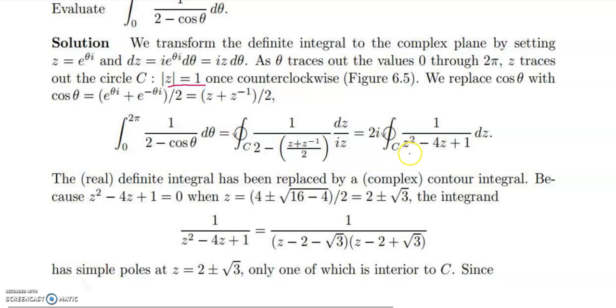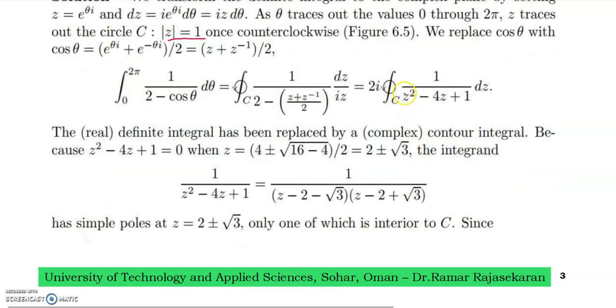Now here you see what is in the denominator: z squared minus 4z plus 1. So what we are going to do is factorization so that you can find the value of z. So now, what is z? This is the factorization. This is the first factor, this is the second factor, for this quadratic equation.